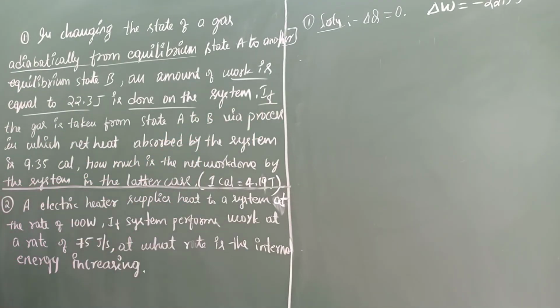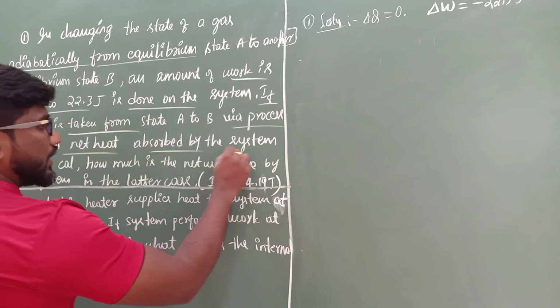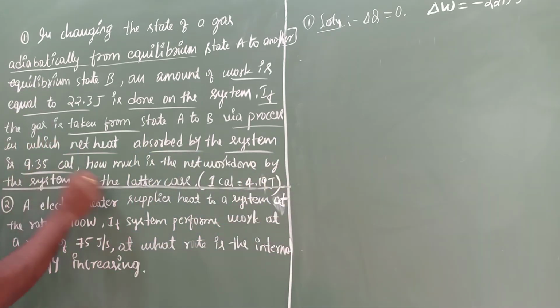If the gas goes from state A to B via a different process, the net heat absorbed by the system is 9.35 calorie.